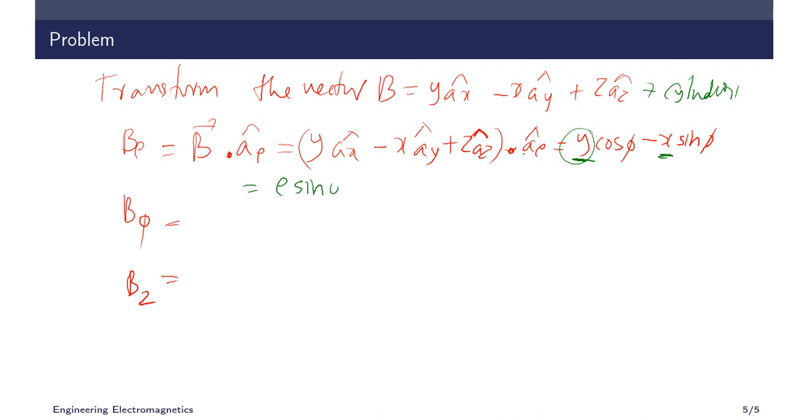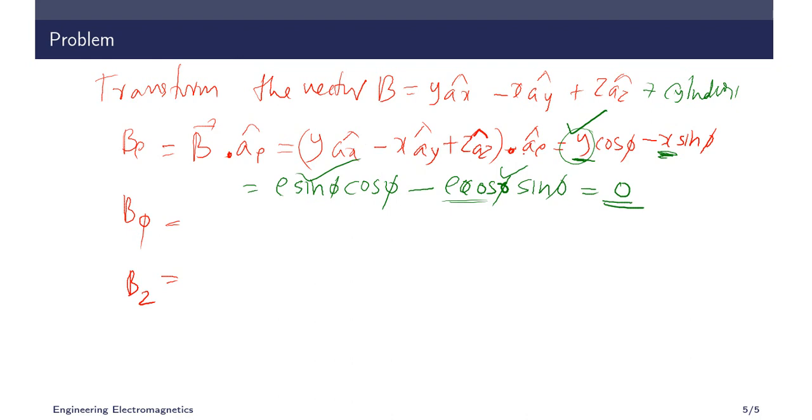So this is rho sin phi cos phi minus x, which is rho cos phi, times sin phi. Now these two terms are the same, rho sin phi cos phi, so the value will be 0. So b rho is 0.